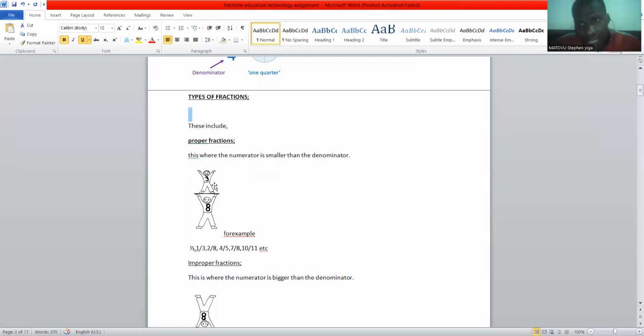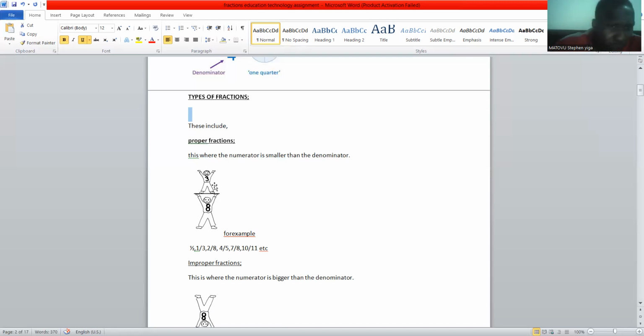So what do you realize? You will realize that the numerator up is smaller than the denominator down. Hence, when the numerator is smaller than the denominator, that fraction is a proper fraction. So proper fractions are fractions whereby the numerator is smaller than the denominator.